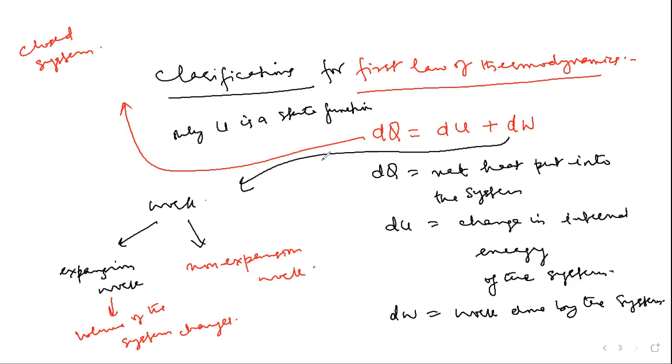Isolated system is a special case when dq is 0. So we are talking of a closed system in general. And it is assumed that in this closed system, no phase changes or chemical reactions are taking place.